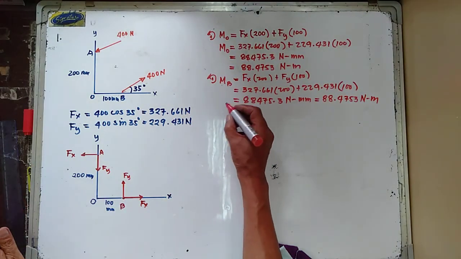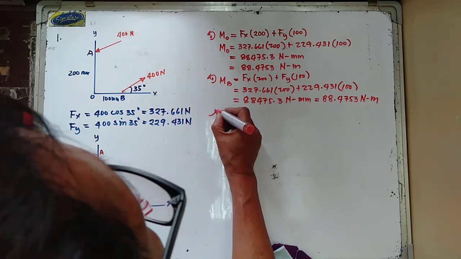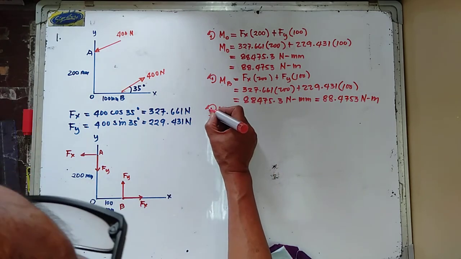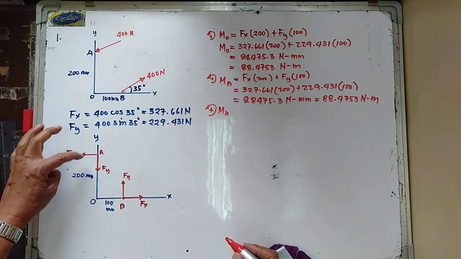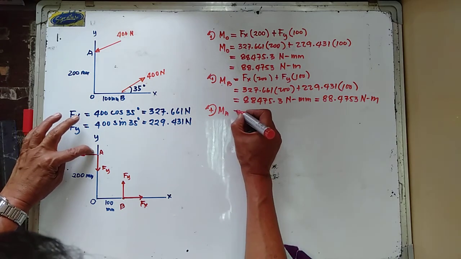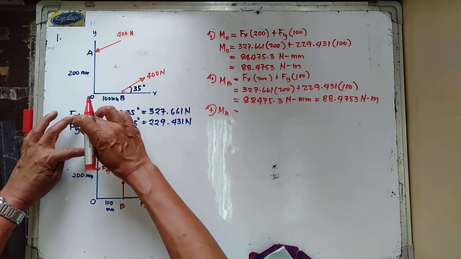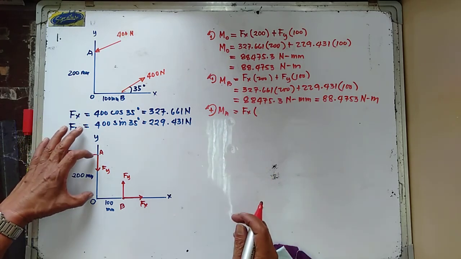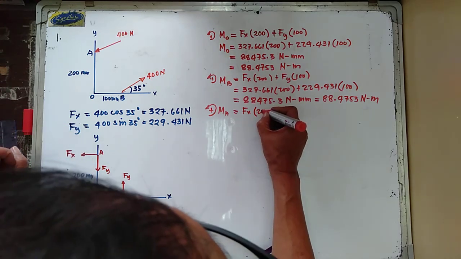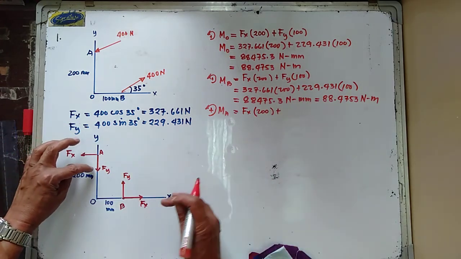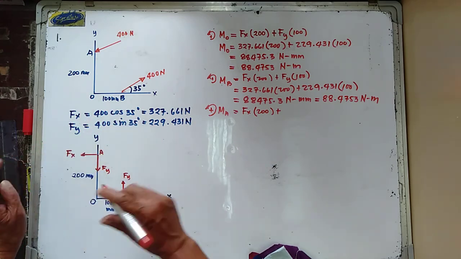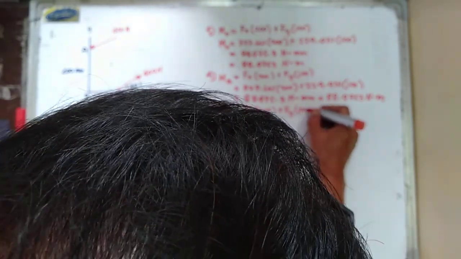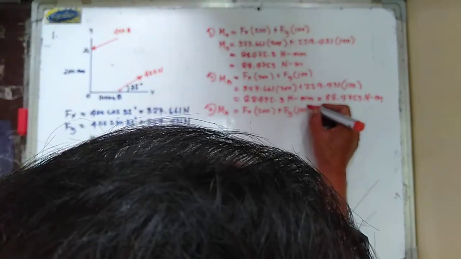Now, similarly, if we get moment about point A, counterclockwise moment positive. So that is still equal to Fx going counterclockwise, the moment arm is 200, plus Fy, still going counterclockwise, the moment arm is equal to 100.